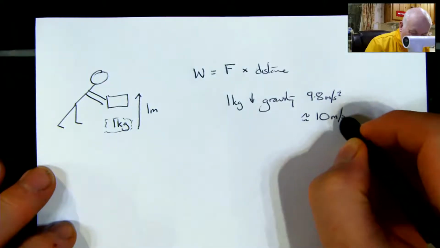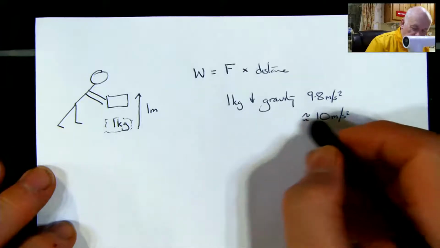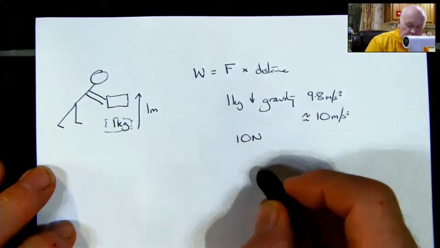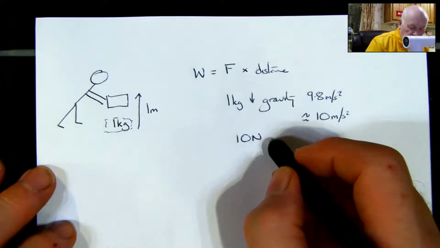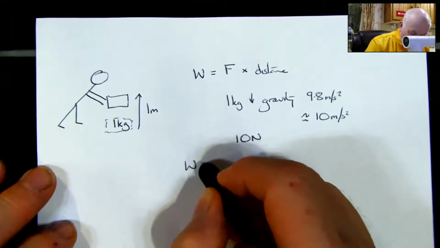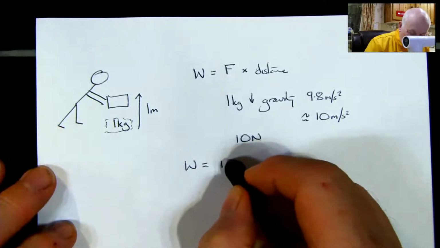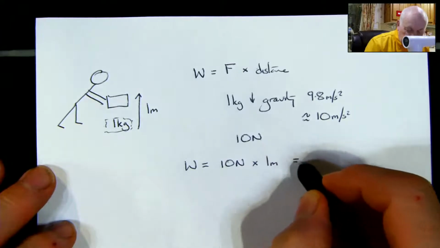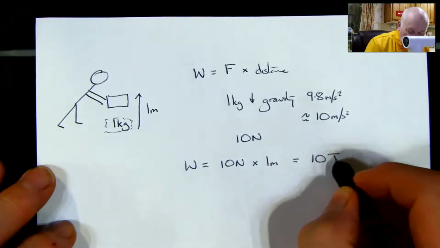I'm going to call that 10 meters per second. So I've got a force here of 10 newtons. 10 newtons move through 1 meter. So my work is going to be 10 newtons times 1 meter, which is going to give me 10 joules of work done.